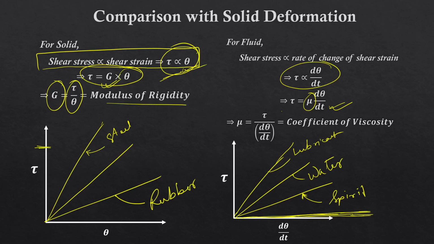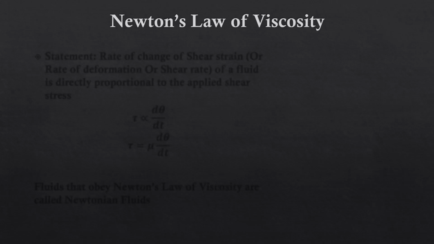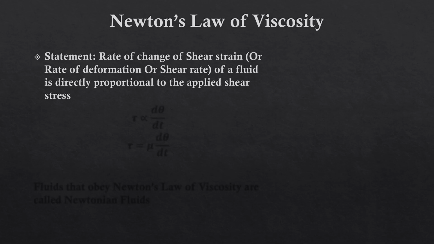So now we have a good comparison between solid behavior and fluid behavior. Now let's go into something called Newton's law of viscosity. We have already learned this law, although we did not name it as such. The statement of this law is that the rate of change of shear strain, or rate of deformation or shear rate, whatever you want to call it, of a fluid is directly proportional to the applied shear stress.